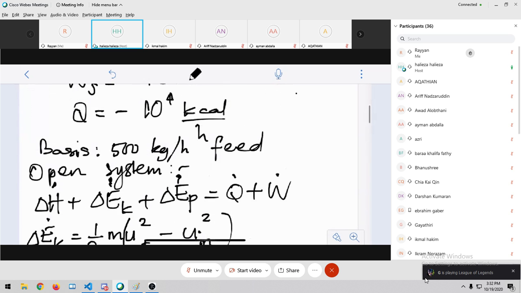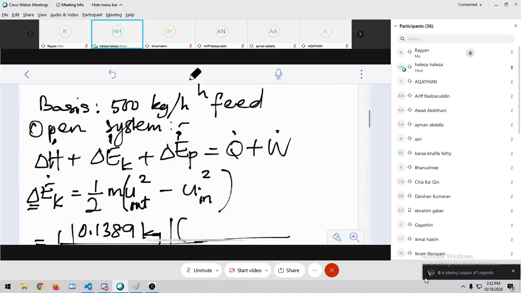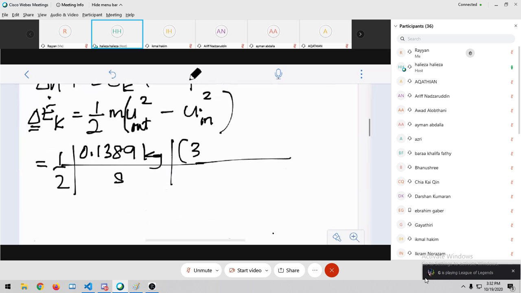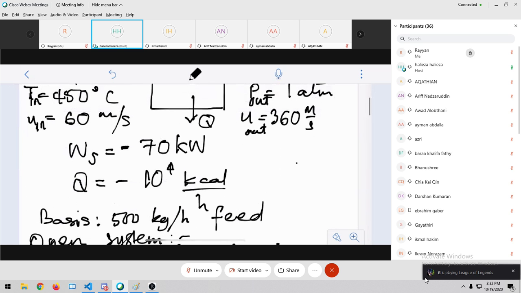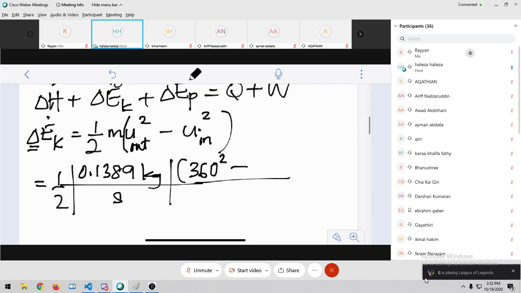Now we have the difference in velocity. Our outlet velocity is 360, remember to square it, minus the inlet velocity 60 squared. Your unit will change also: meter squared per second squared.